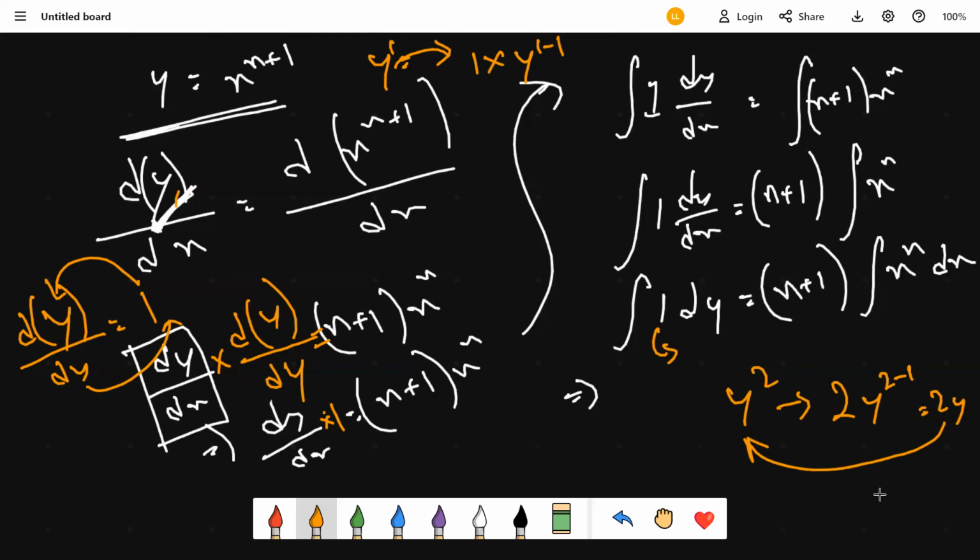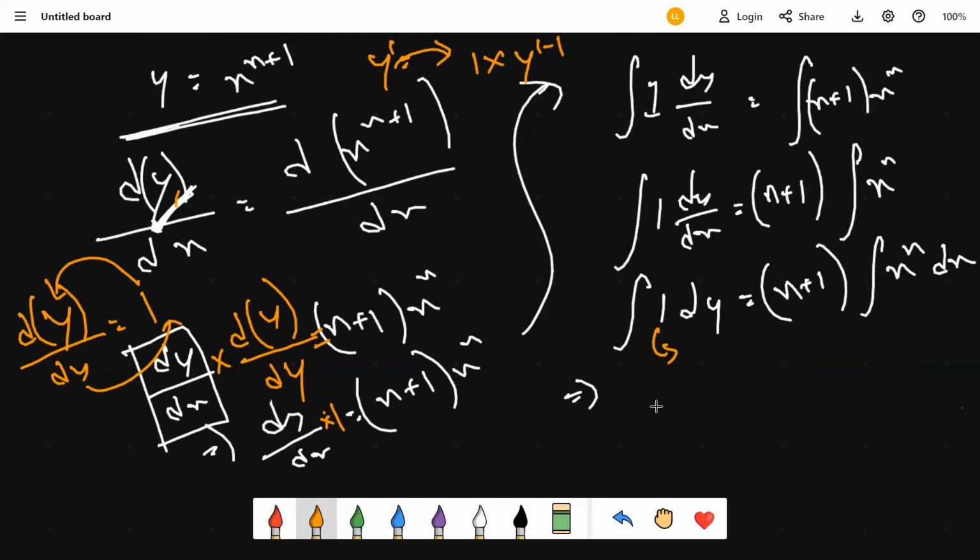That means we have to increment the power of y by 1 so that we get 2. And to eliminate this 2, we have to divide by 2, because if we divide 2 by 2, that gets cancelled. So that's why integration is simply doing the reverse operation. It's sort of reverse engineering so that we get the initial function back. That's what is happening here.